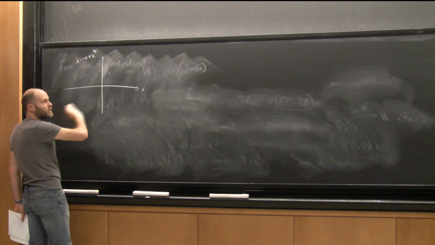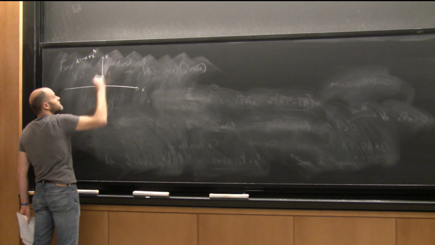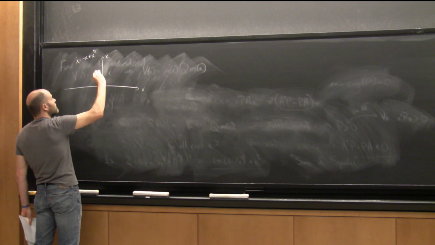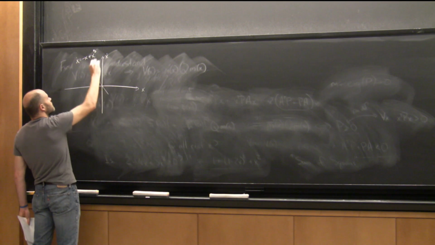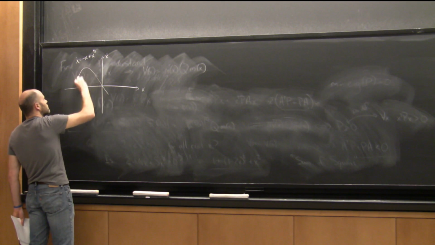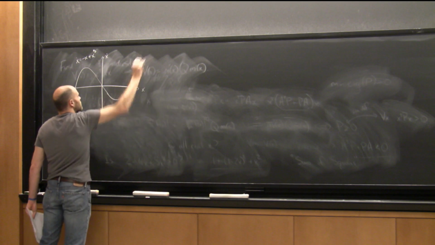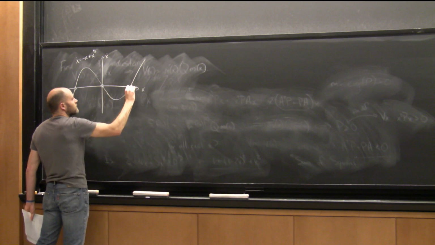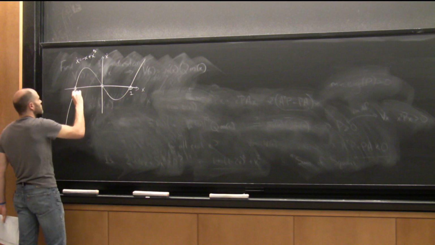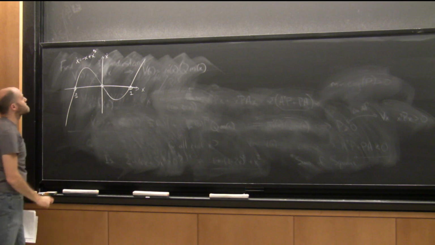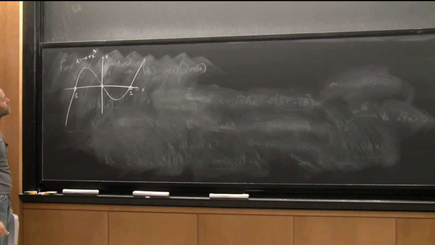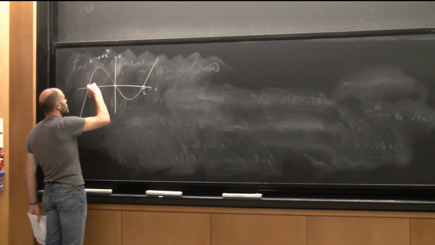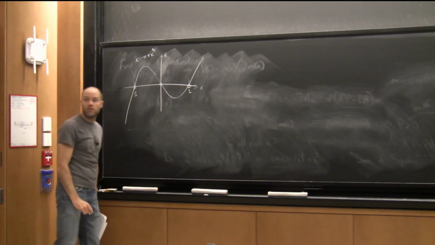In the first order single variable system, I can just plot it. At the origin, this looks like negative x, and then this thing looks like x cubed, so it goes like this. Okay, and the crossings here are at 1, negative 1. So the region of attraction of this fixed point is that whole region.